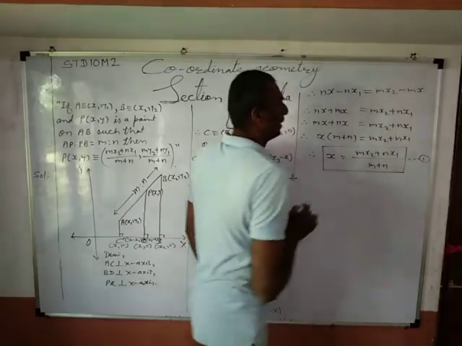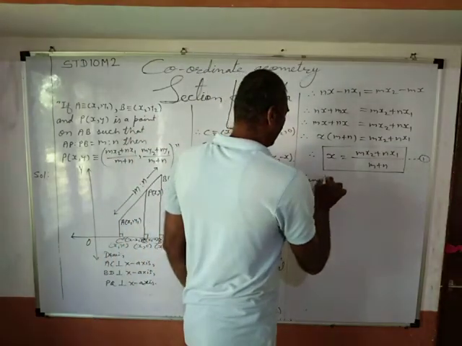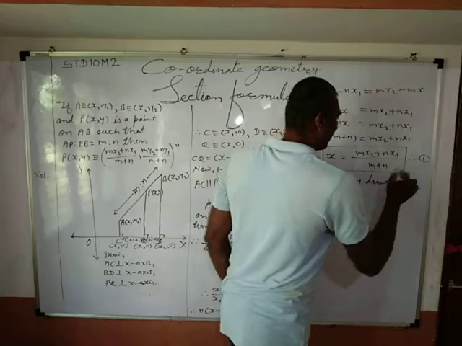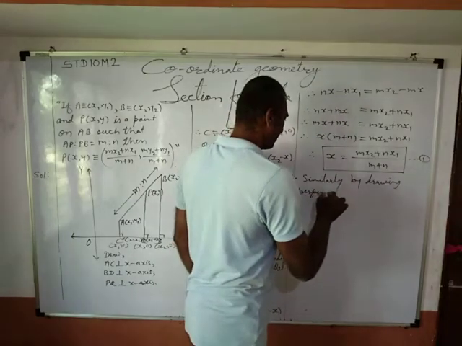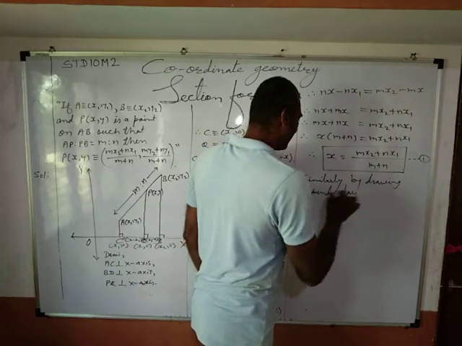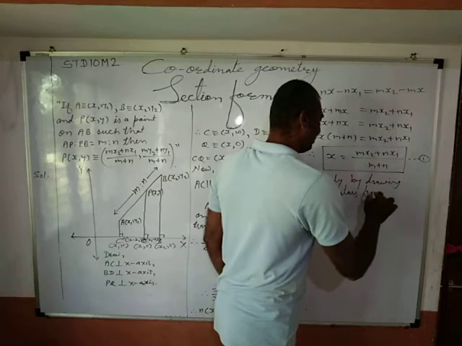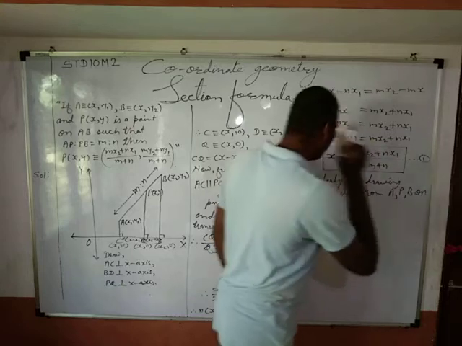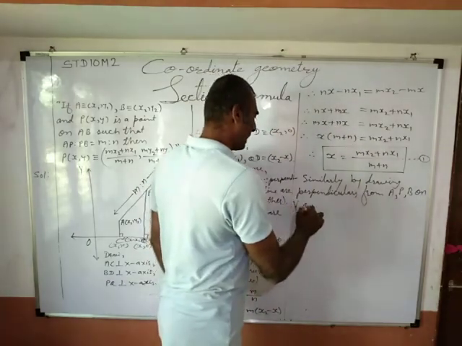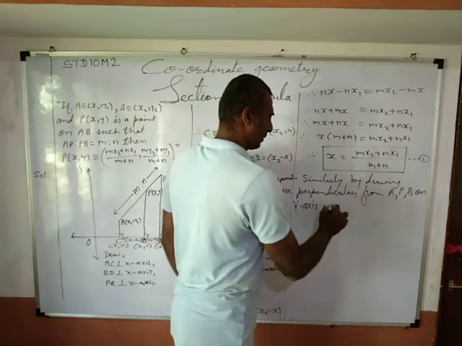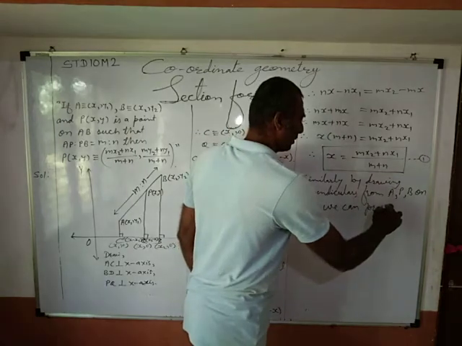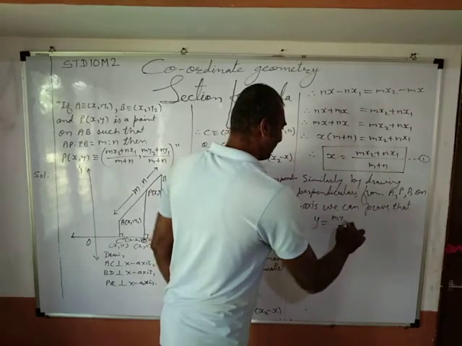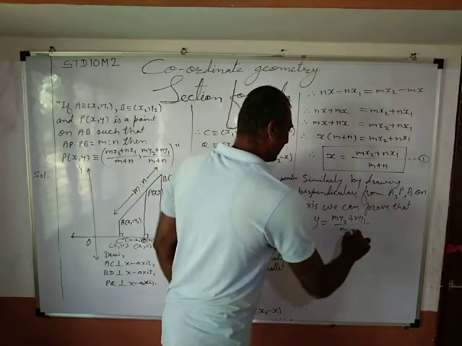Okay. Similarly, by drawing perpendiculars from A, P, B on y-axis, we can prove that y equals (my2 plus ny1) upon (m plus n).